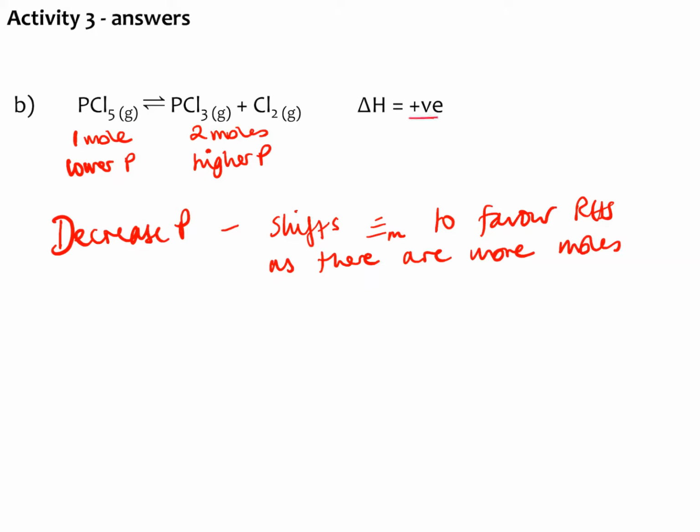We've got, in terms of enthalpy change, a positive, which means we have an endothermic reaction in the forwards direction. Now, endothermic reactions cause temperature to decrease.